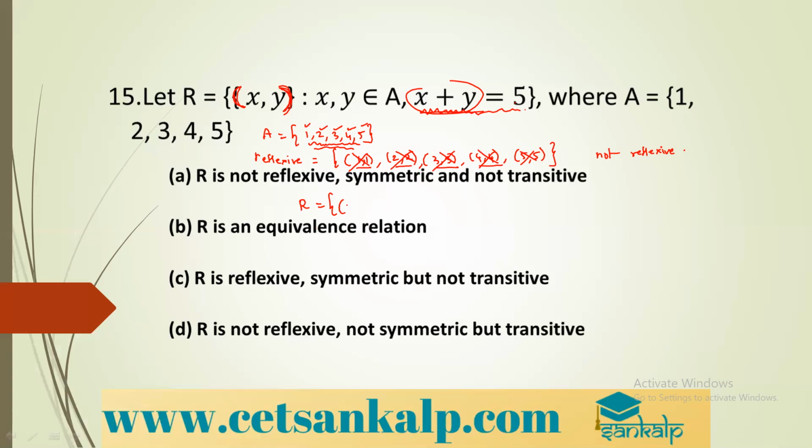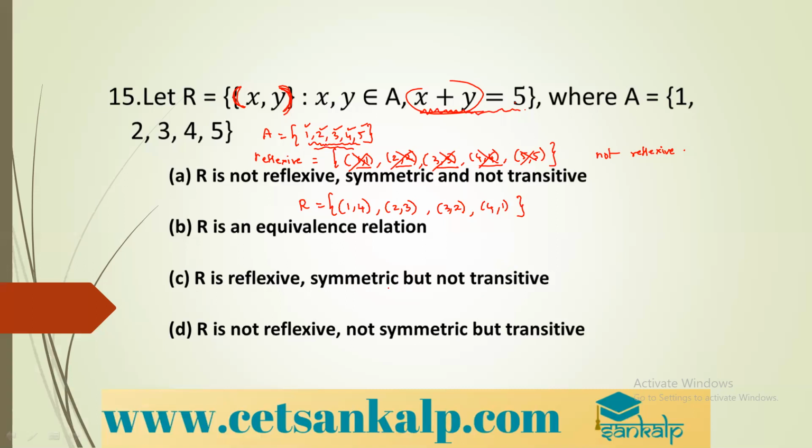I can take 1 plus 4 equal to 5. Similarly, 2 plus 3 equal to 5. Anything else I can take? I can take 3 plus 2 equal to 5, and I can take 4 plus 1 equal to 5.